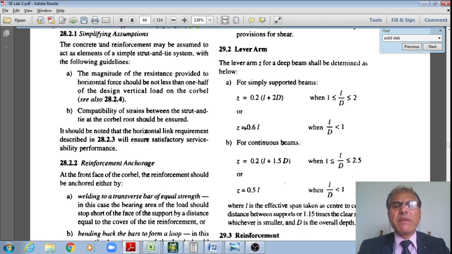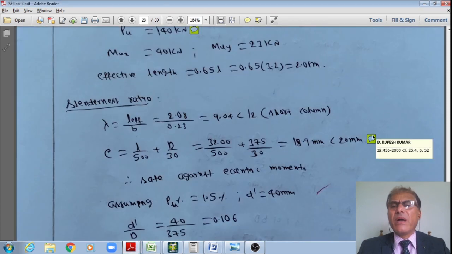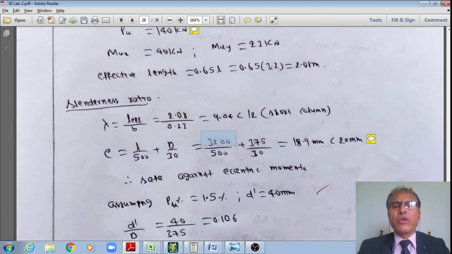Minimum eccentricity is given by this: L by 500 plus D by 30. Therefore, upon substitution, L is equal to 3200 by 500 plus 375 divided by 30. It works out to 18.9. However, it is much less than 20.